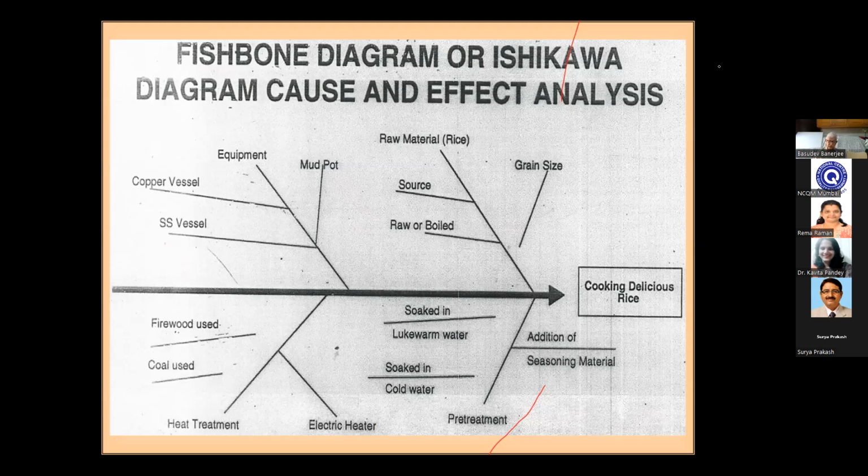Whoever can make khichdi can contribute, please. Rema, if your organization has some more, ask 1 or 2 more to give me. Yes, I am telling.